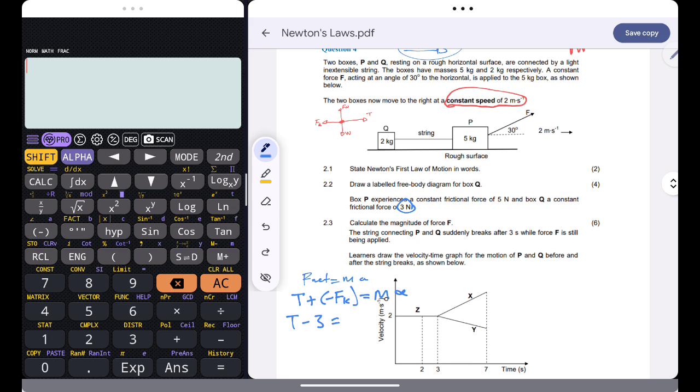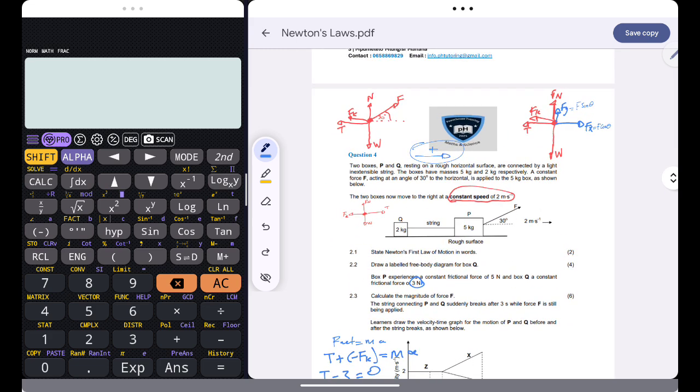So 2 multiplied by the acceleration of 0 will still get a 0. So therefore the tension between the two boxes is just 3 newtons. Are we together? Now remember that, guys, the aim is to calculate the value of F.